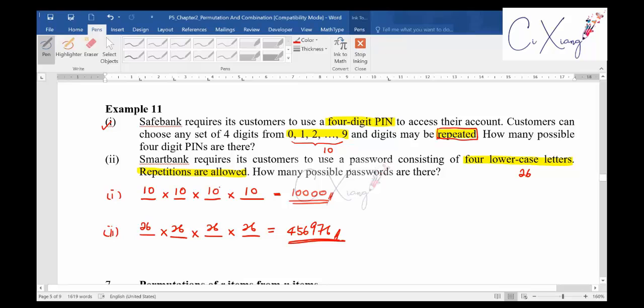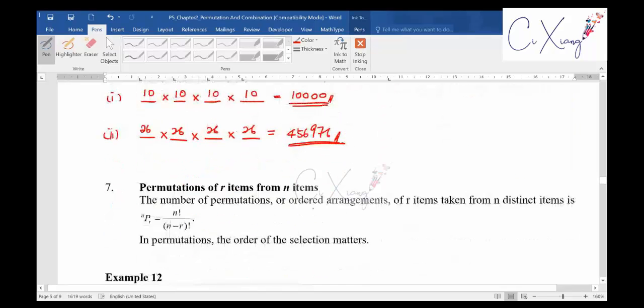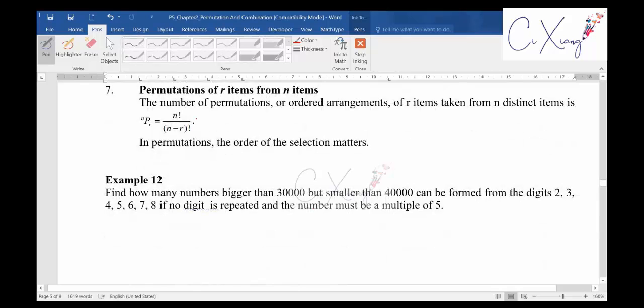So hopefully you know that when they ask you to form the password, form the numbers and so on, usually we do it digit by digit. Then next, let us continue to question number 7. For question number 7, we are talking about permutation of r items from n items.